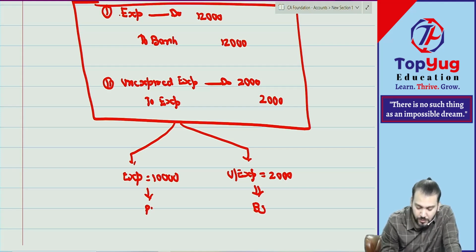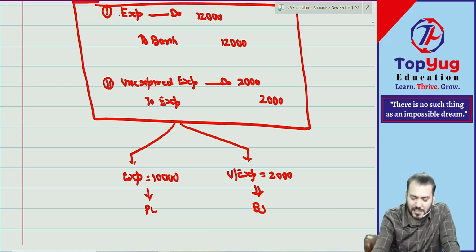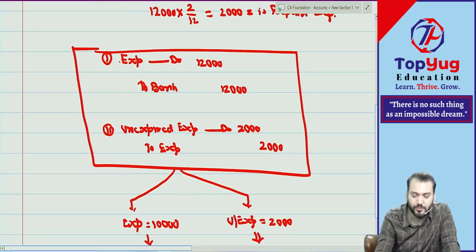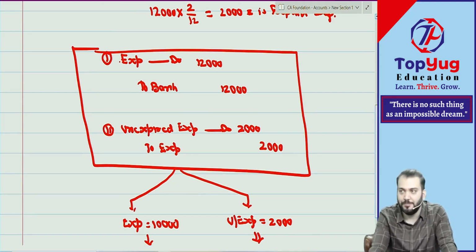Understood? Unexpired also understood. Sometimes they may use the term unexpired expense, so don't be confused. Unexpired and prepaid are same.